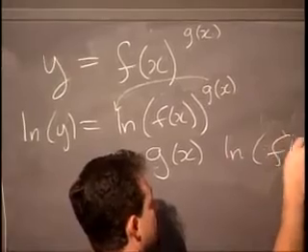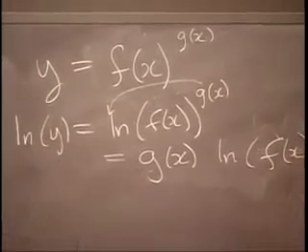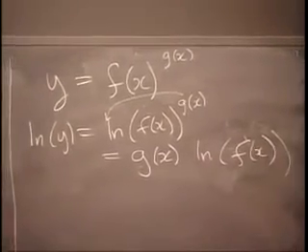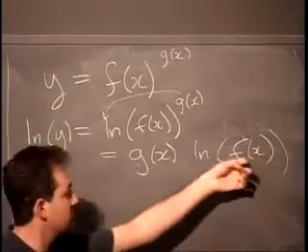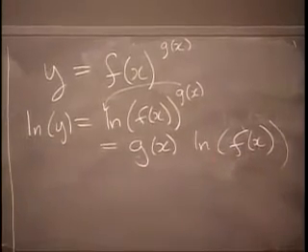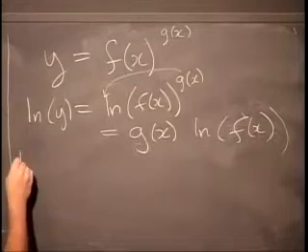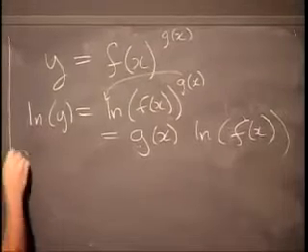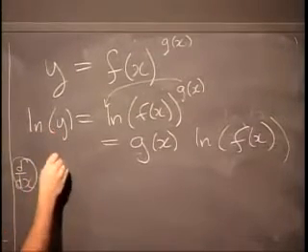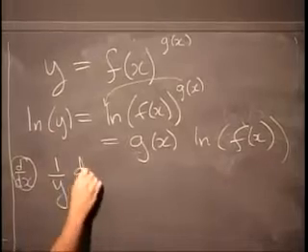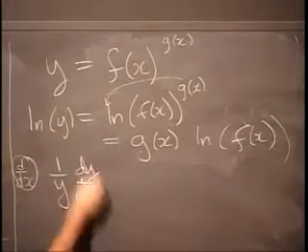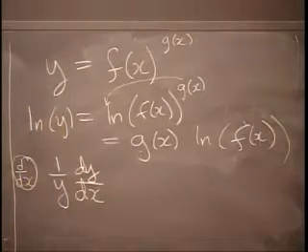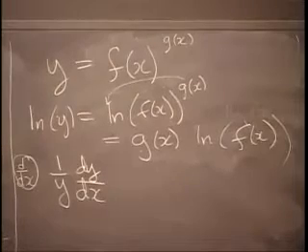In general, you'll get g log f. These could be any functions of x here. Then you do d/dx of both sides. And you always get 1 over y dy/dx, because you always have log y on the left.